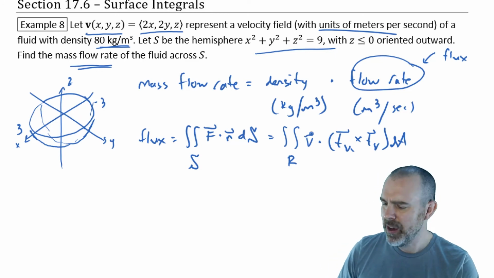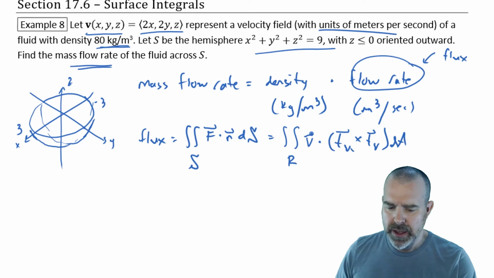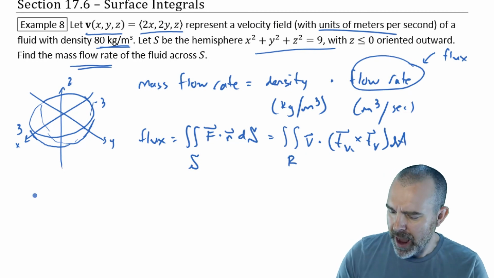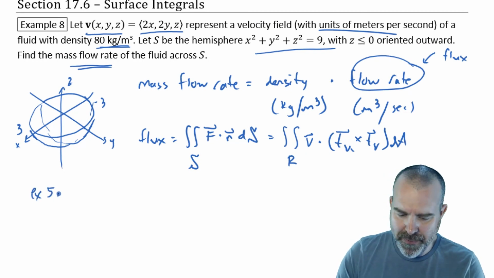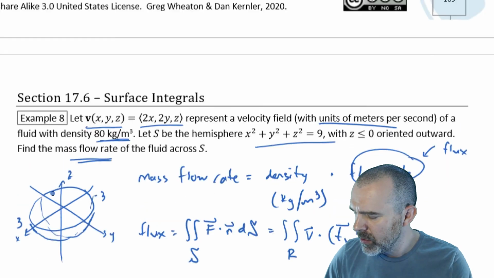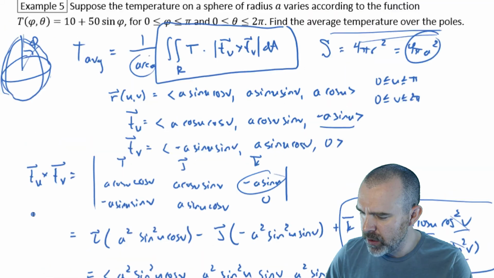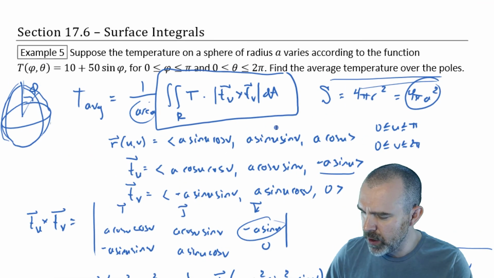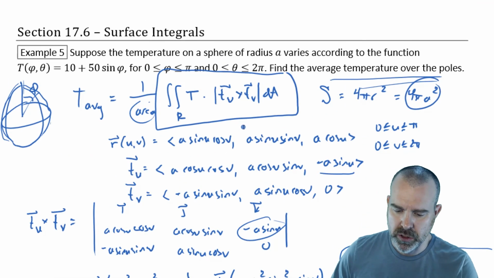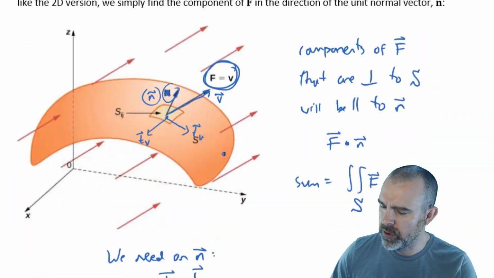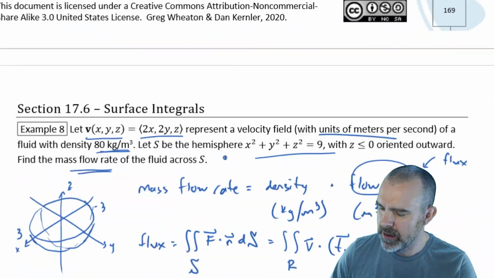Okay, we need a parametric definition of a sphere, and we have it. I think it's example 5. Sorry, scrolling up here. Sphere. So we can use that again.